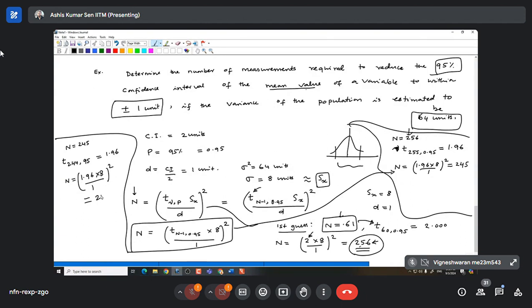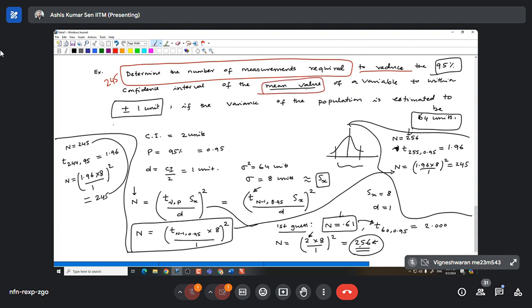So I get 245. So now it has converged. That means here it was asking to determine the number of measurements required. I need 245 measurements to ensure that within a 95% probability, the mean value would lie within the range plus minus 1 unit.